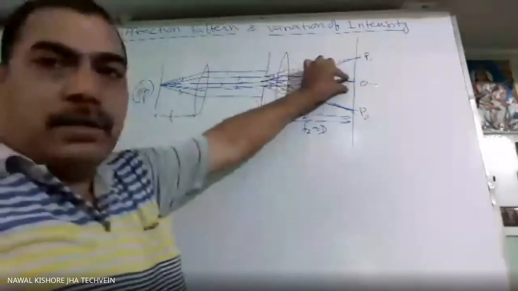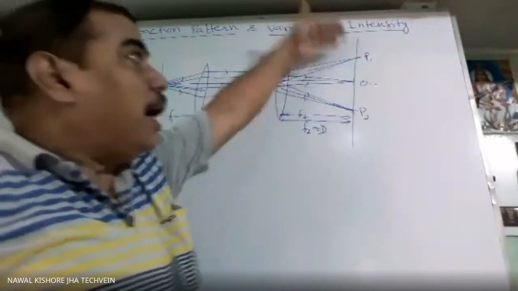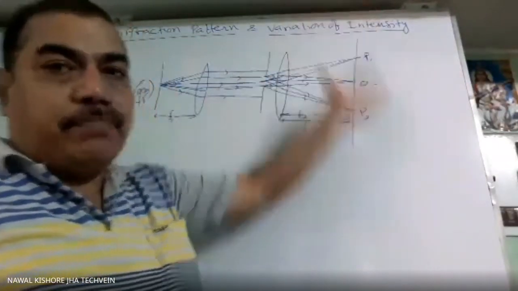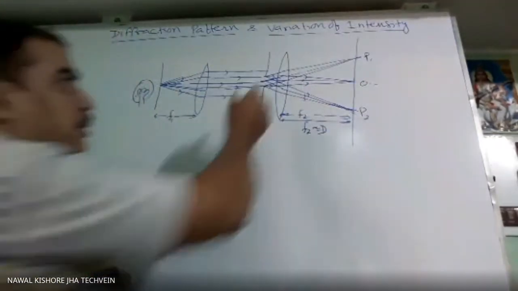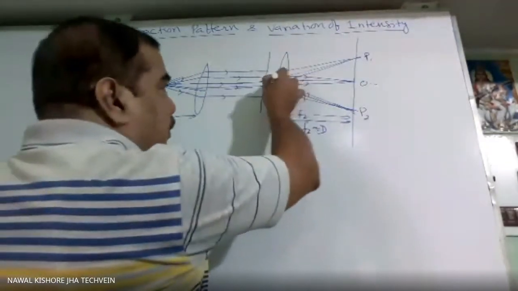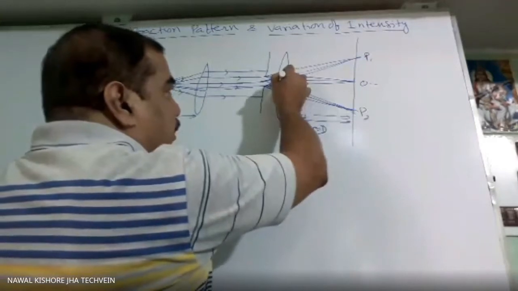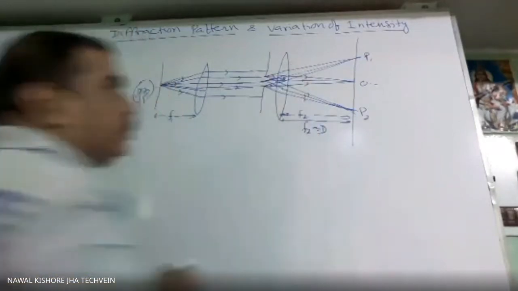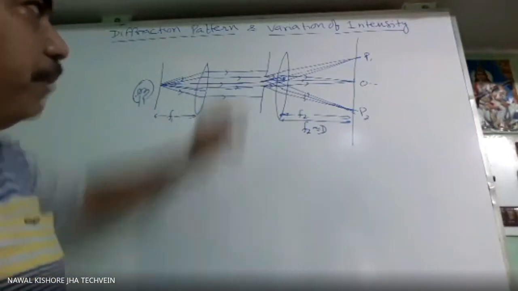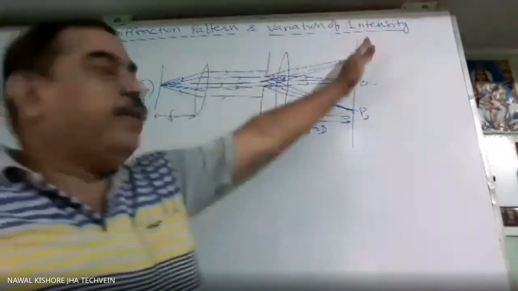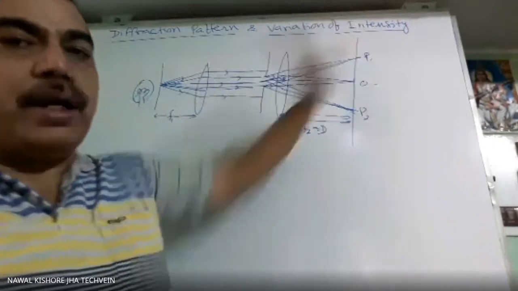This we call the central fringe. At P1, we may get bright or dark depending on what? This angle theta. Suppose this is the main ray, this angle is theta. So depending on this angle, at P1 we may get dark or bright.